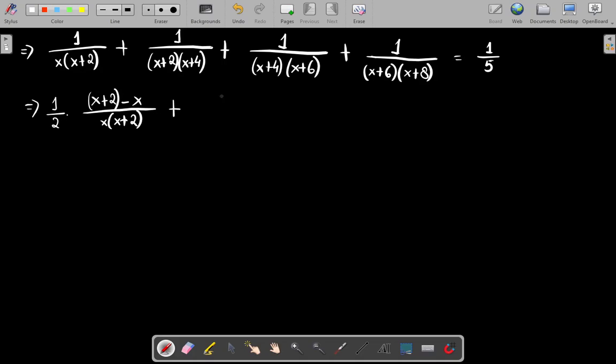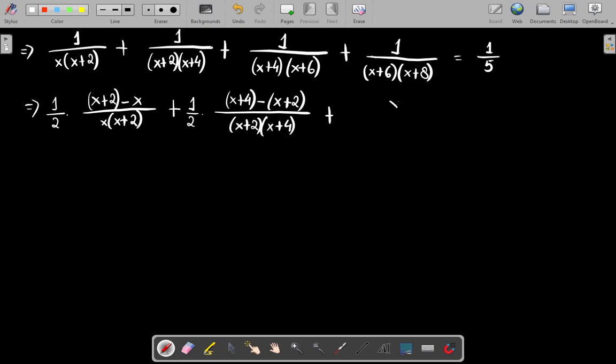The second term, again, we write as x plus 4 minus x plus 2 upon x plus 2 times x plus 4. Again, the difference in the numerator is 2, but we have 1 here, so in order to make it 1 again, we multiply it with half. Half times 2 will give us 1 again.